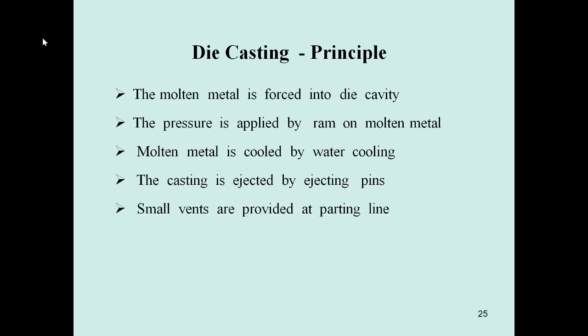If the object being made is small, the die may be constructed on a multi-cavity plan, that is a multiple cavity die, by which it is possible to produce several parts in a single cycle.